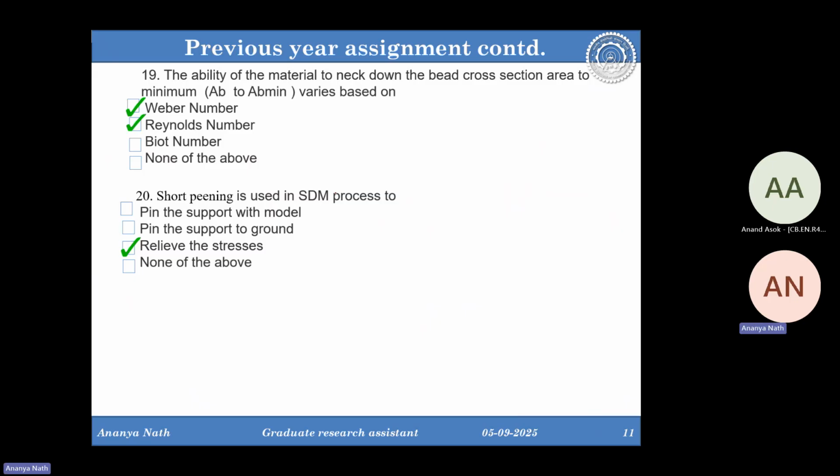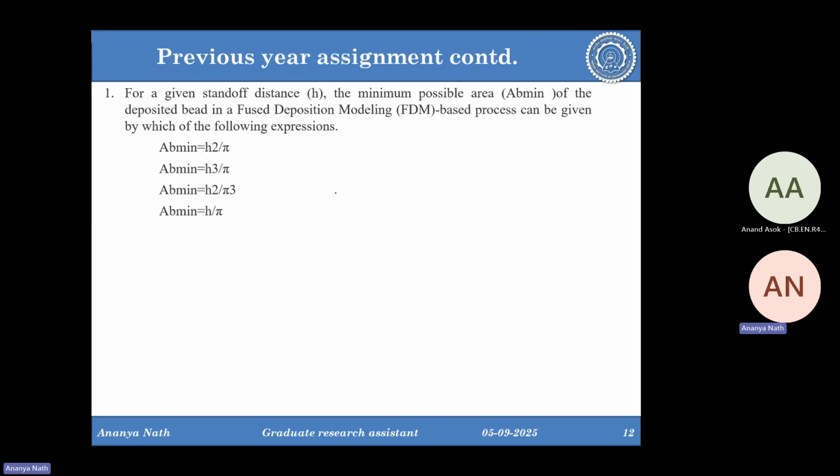Shot peening is basically with a sand particle, Al2O3, SiO2 particle. You just put the particles on your part with a very high pressure, and the compressed air is carrying the particles and throwing it on your surface with a very high velocity and pressure. So that is the process of shot peening, through which you can relieve the stresses.